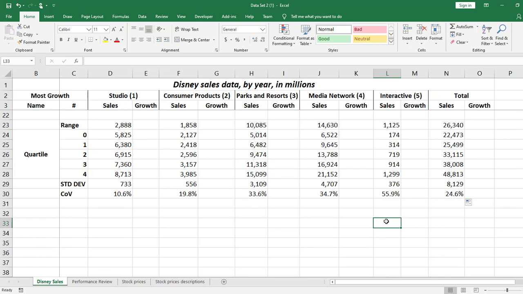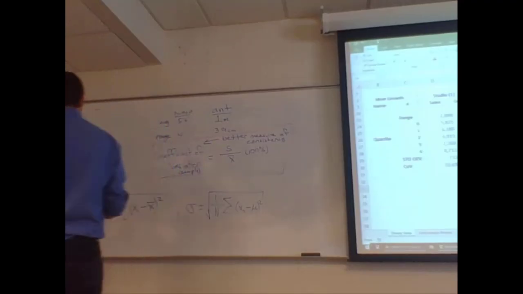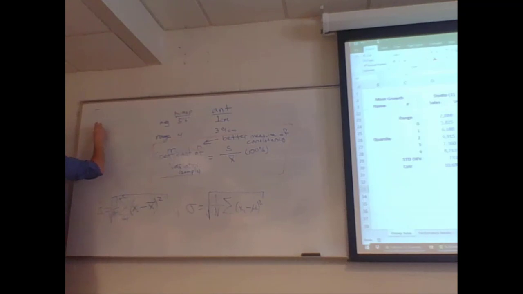you can tell me which sector is most consistent. Which of these sectors is most consistent? Remember, a low coefficient of variation means more consistency.